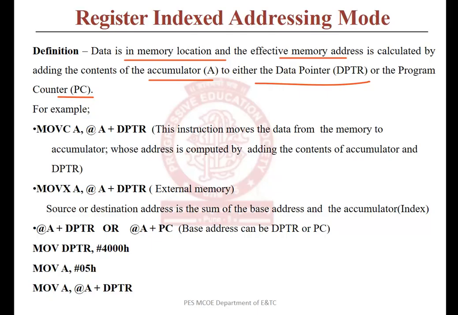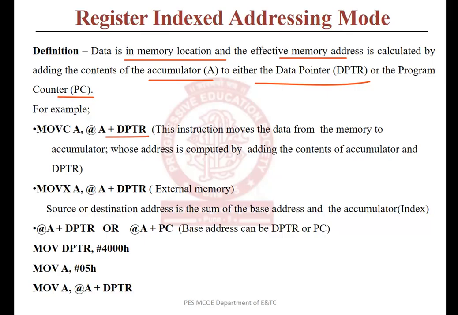Let us understand this with an example. One instruction is there, MOVC A, @A+DPTR. So A plus DPTR will add the contents of accumulator and DPTR, and an effective base address will be generated. Now data is at that memory location, which is pointed by this at sign.